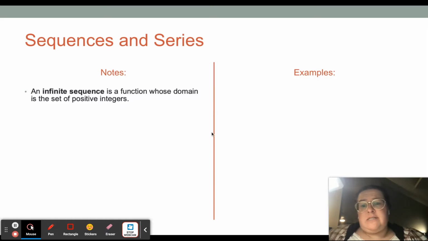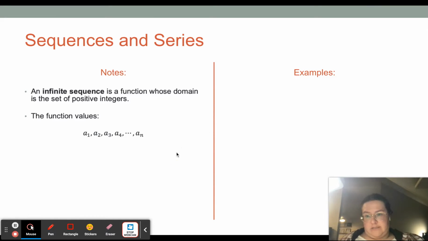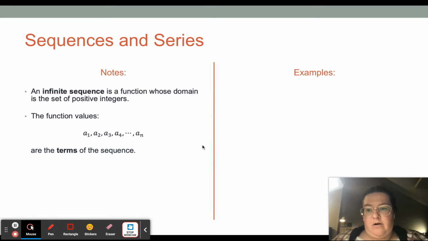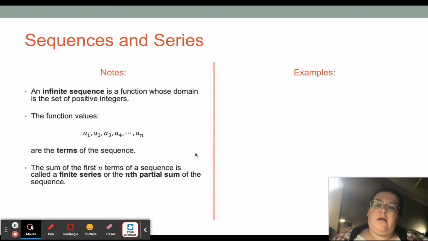So an infinite sequence is a function whose domain is a set of positive integers. The function values a sub 1 all the way to a sub n are called the terms of the sequence. The sum of the first n terms of a sequence is called a finite series or an nth partial sum of the sequence.